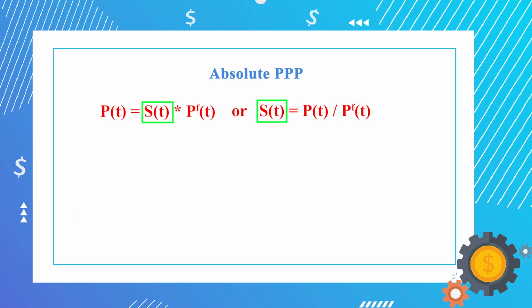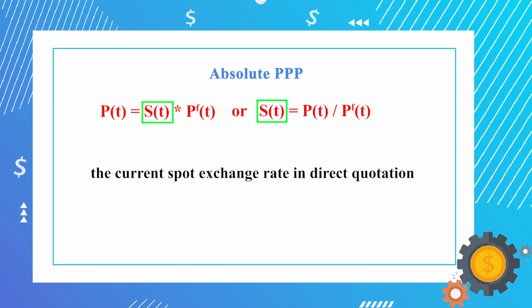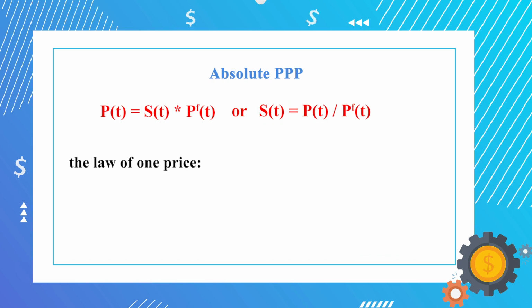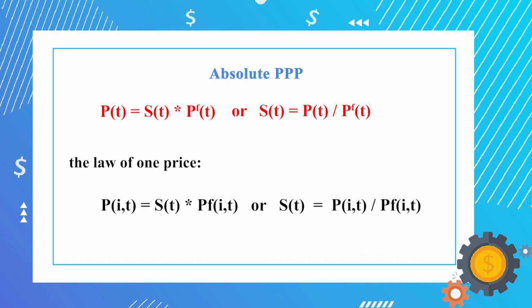ST indicates the current spot exchange rate in direct quotation. Compared to the law of one price, in the above formula, the subscript i was dropped.